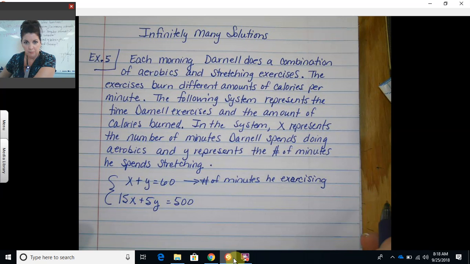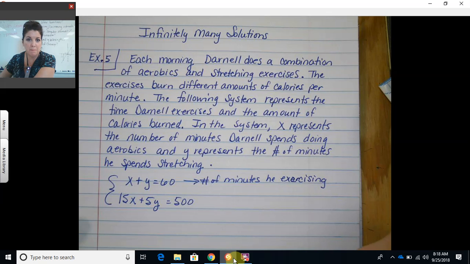So what do you think 15x plus 5y equals 500 means? Go back and read the question. The calories, right? It says each morning Darnell does a combination of aerobics and stretching exercises. The exercises burn different amounts of calories per minute.